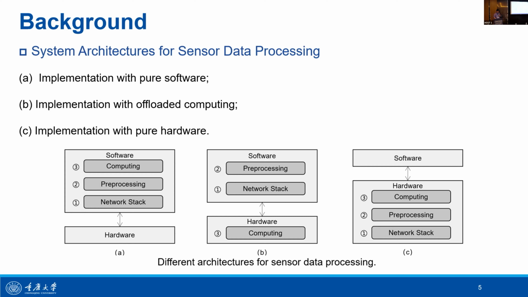The pure hardware accelerator for sensor data processing is shown in Figure C. Through the cooperation between hardware, the participation of the software stack can be avoided as much as possible. However, there is no unified framework to support this implementation.